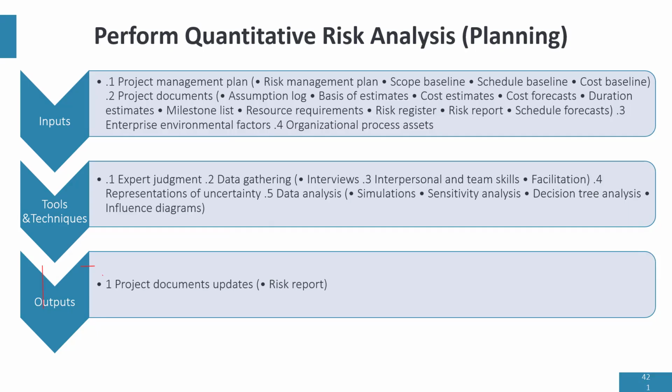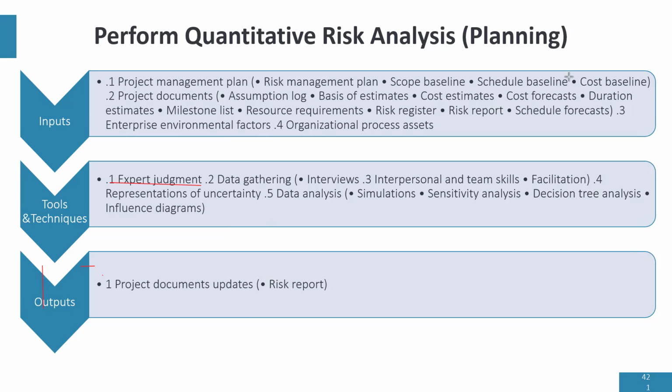In order to do this, let's look at expert judgment. Expert judgment can help us to create mathematical models where we can quantify the impact of risk on budget and schedule.